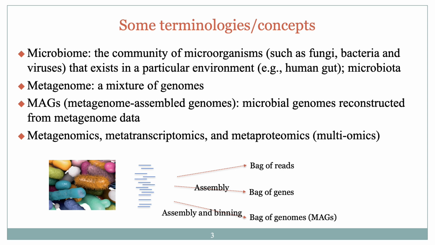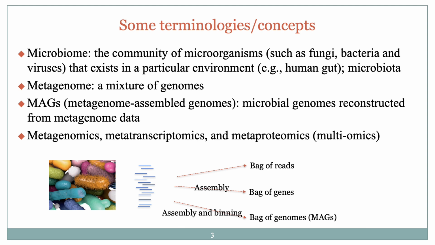And depending on your purpose, you may just look at those short reads as a bag of reads. You don't care where they're from, which species, and you can just treat them as a bag of reads. Sometimes you can do a summary of those reads. You get a bag of genes, predicted from those contigs, and from those genes you may reconstruct the pathways representing the functionality of a whole microbial community.